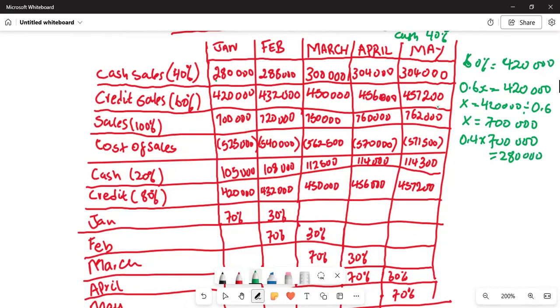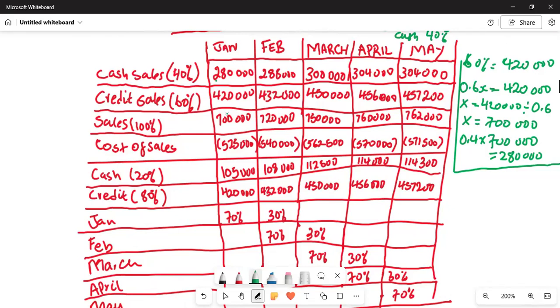So that is how we calculated our cash sales, which is 280,000. So even when we go to February, March, April, May, we are still going to do the same thing.